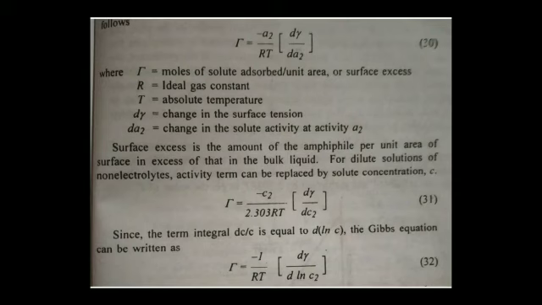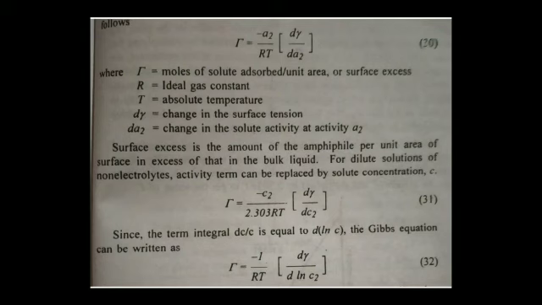So the Gibbs equation can be rewritten as surface excess is equal to minus 1 by RT into change in surface tension by d ln c2. The above two equations are used for adsorption of non-dissociating solutes such as surfactants.